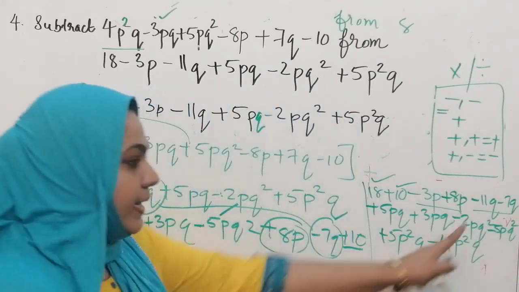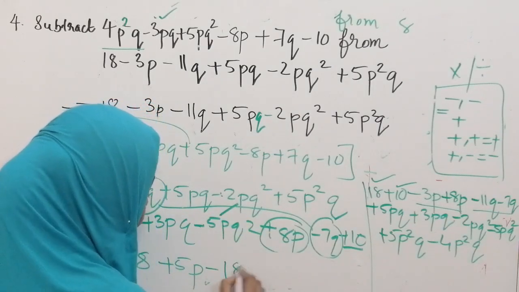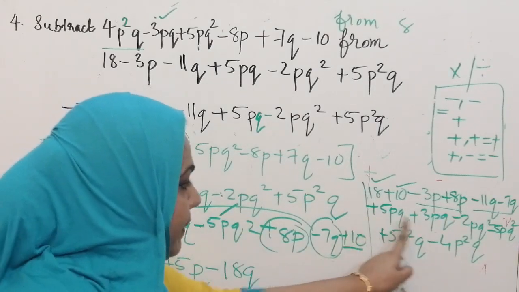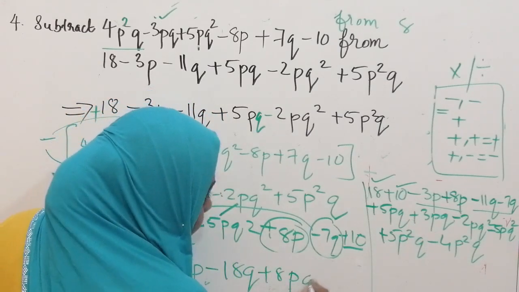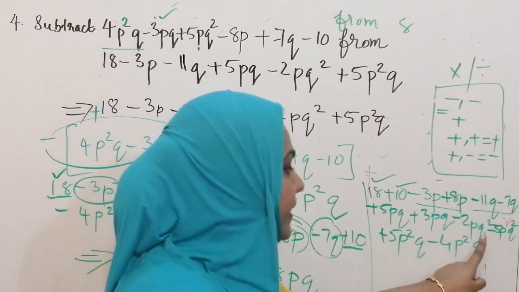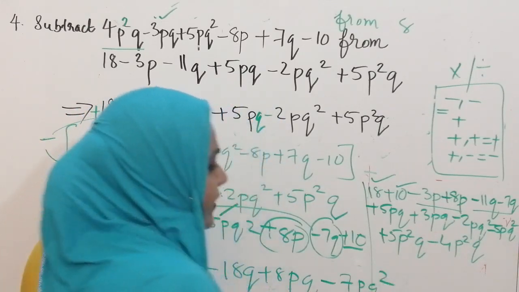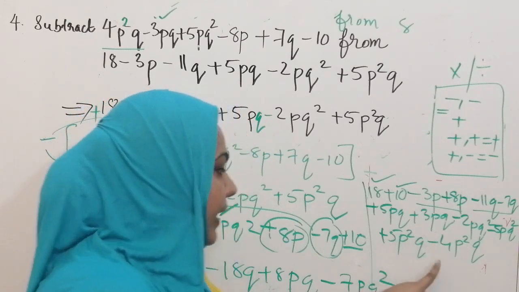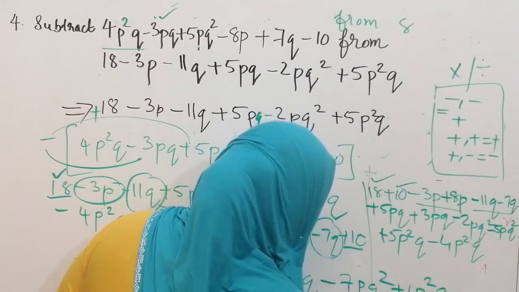Then here you can see minus and minus means add and give minus. So minus 18q. Next is plus and plus, add and give plus, so 8pq. Here minus and minus, add and give minus. So that means minus 7pq square. The last, subtract and give the greater number's sign, so plus 1p square q. So this is our answer.